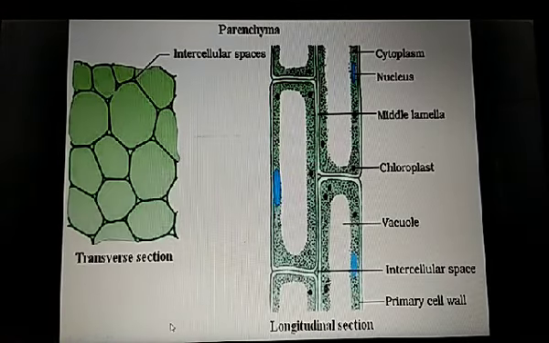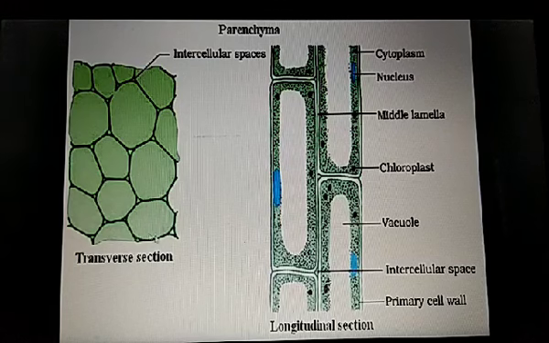So this is a diagram which shows parenchyma tissue. There are two terms, transverse section and longitudinal section. Transverse section is, let's say you are holding a pen and cutting it horizontally. In that case, you'll get some small rings.